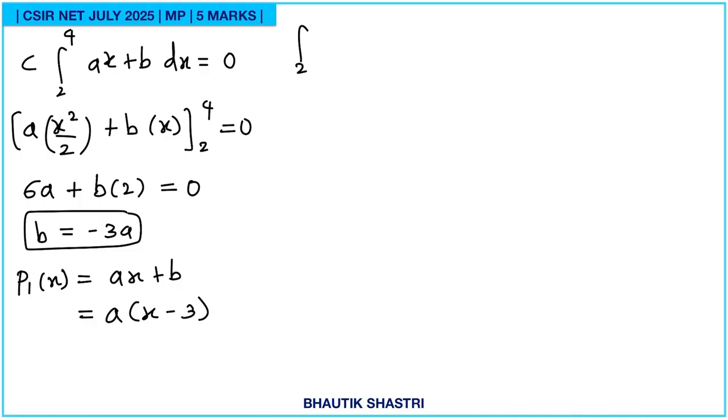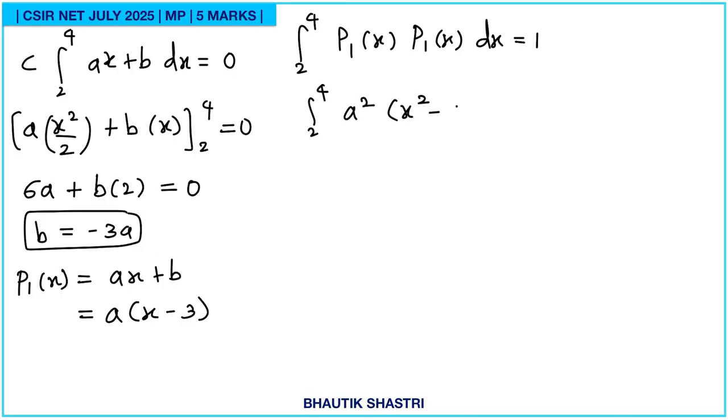So we have the integral from 2 to 4 of P1(x)² that should be equal to 1. So this is the integral from 2 to 4 of a²(x minus 3)², which is x² minus 6x plus 9, dx, that should be equal to 1.